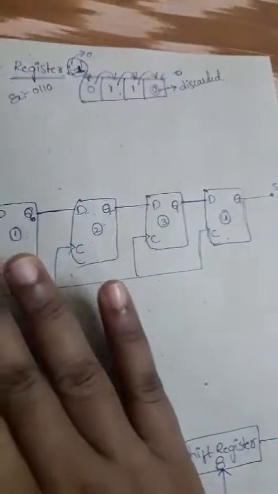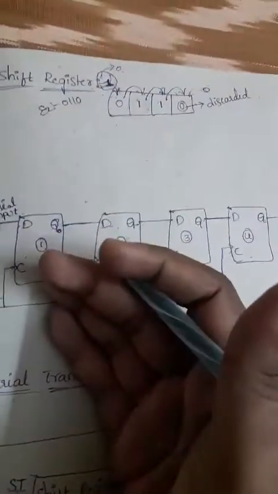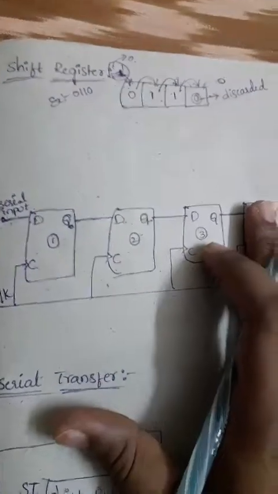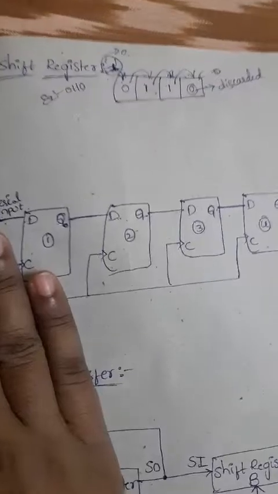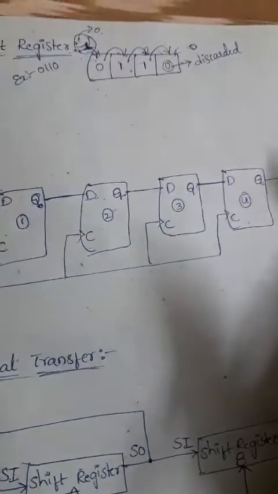That means a shift register can shift the information in both directions. From left to right it can be shifted, or right to left also. Based on that shifting, you can place the serial input on the right side or the left side.